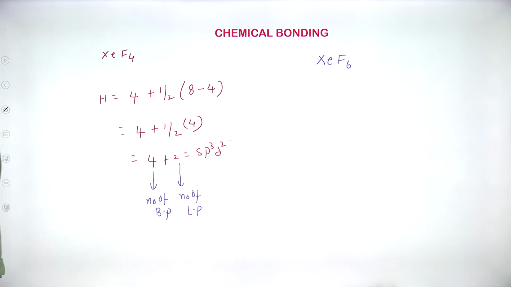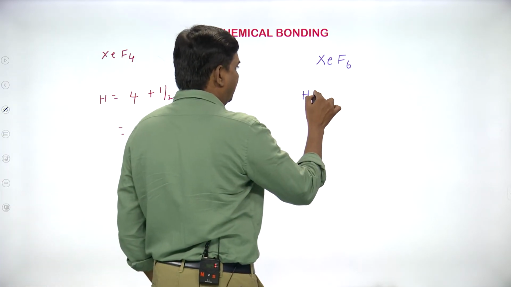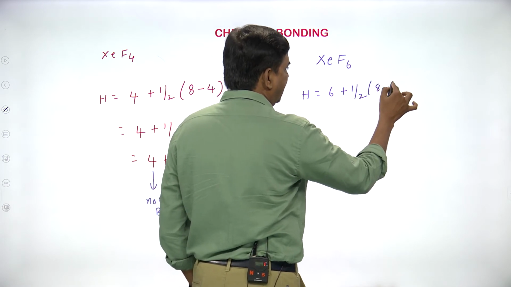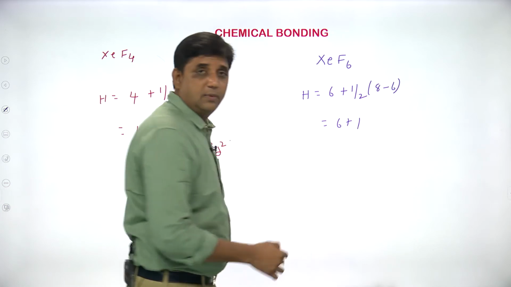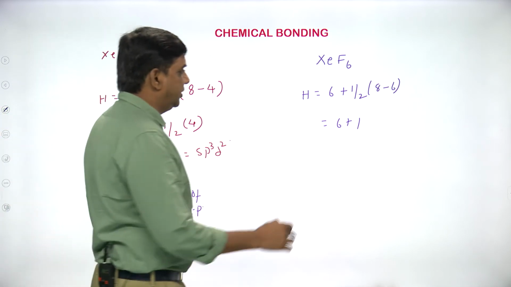Xenon hexafluoride. See, let us see, H is equal to number of atoms attached, which are 6, plus half into 8 minus 6, is equal to 6 plus 1, which is equal to 7.